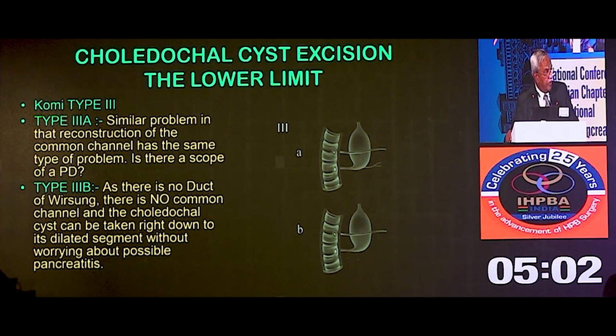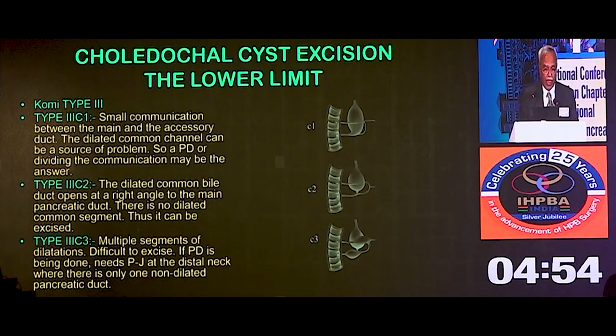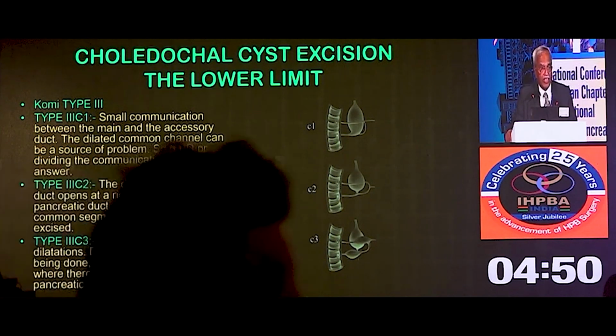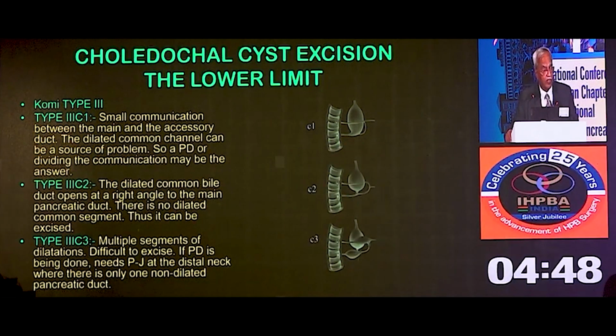In type 3B, because there's no ductal versum, you can actually take out the complete dilatation right down to the bottom without worrying about pancreatitis. Type 3C1, there's a communication, so the option is to either divide that communication or plan for a pancreaticoduodenectomy. C2 is pretty straightforward.